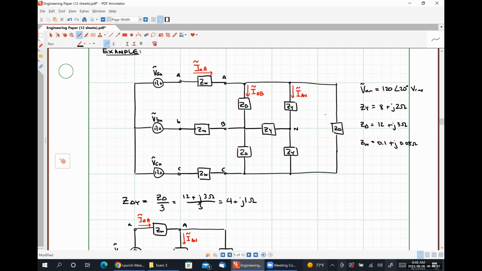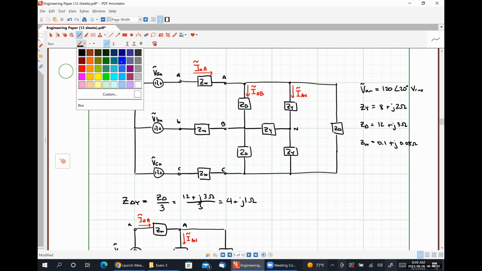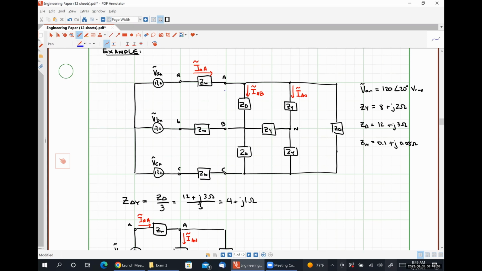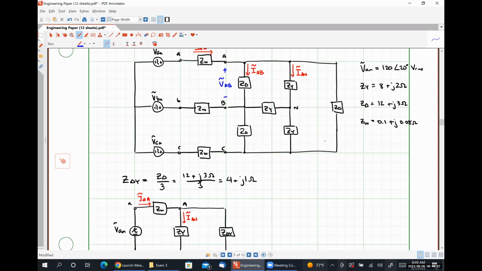One way that we could approach this would be to figure out what this voltage VAB is, and then use VAB divided by Z delta to give us the current IAB that we're looking for. So that is one possibility. And actually, let's go ahead and do that really quick, okay?